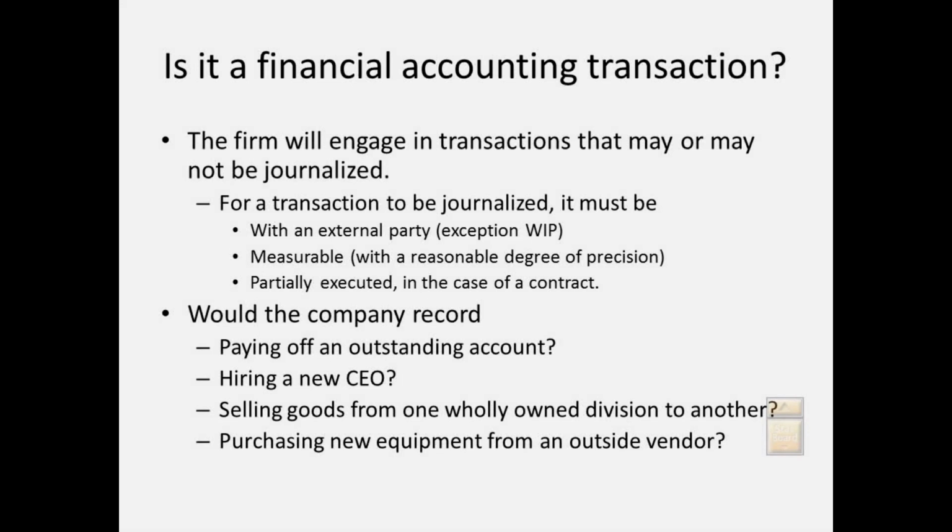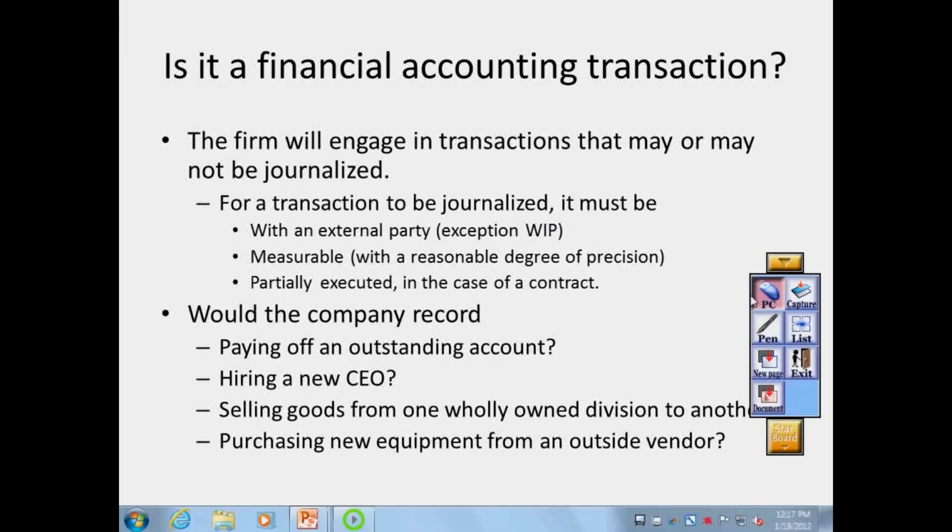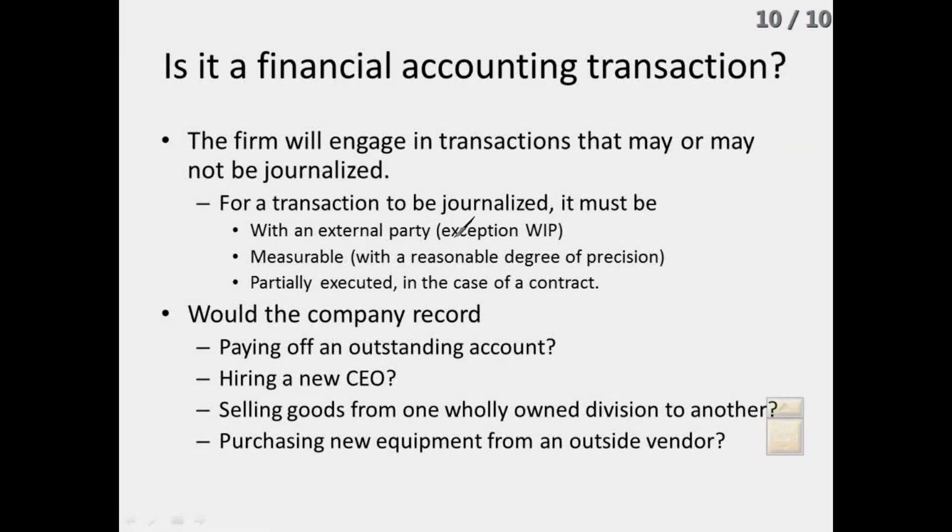And so the answer is, well, in order for a transaction to be journalized, so meaning put into a journal entry form, you need a couple of things to be true. First off, it needs to happen between an internal and an external party.